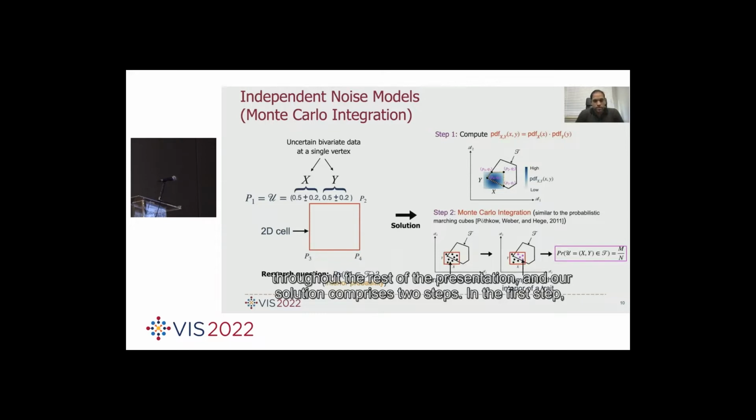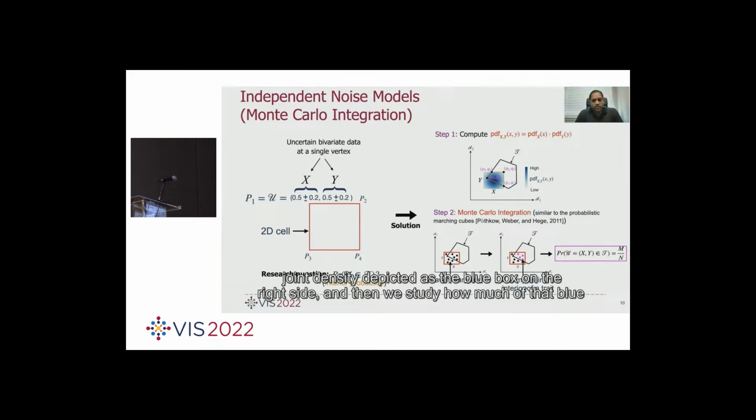And our solution comprises two steps. In the first step, we compute the joint probability distribution of uncertain random variables x and y, which is the product of two individual distributions for the independent noise assumption, and the joint density is depicted as the blue box on the right side.